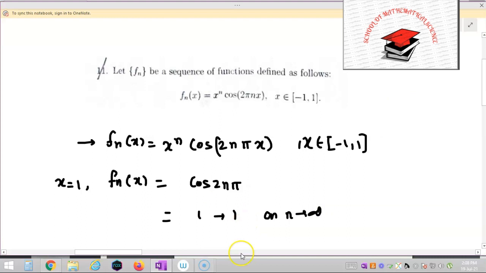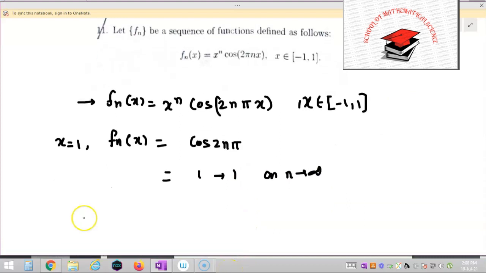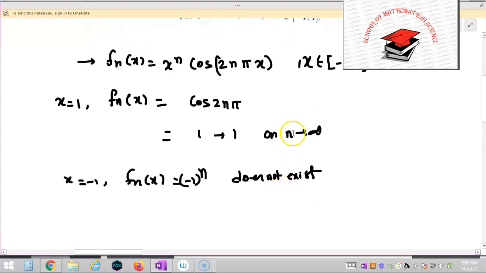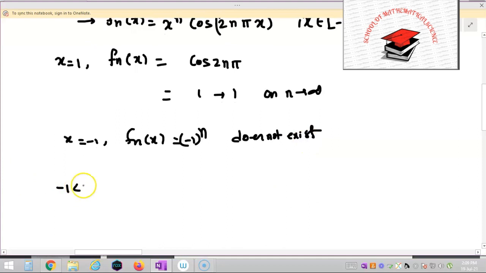Okay, so at x equal to 1 it is convergent. At x equal to minus 1, fn(x) becomes (-1) to the power n cos(-2nπ), so that would be again 1, and this limit does not exist, right? You know that. Now when minus 1 less than x less than 1, fn(x) is equal to x to the power n cos 2nπx.